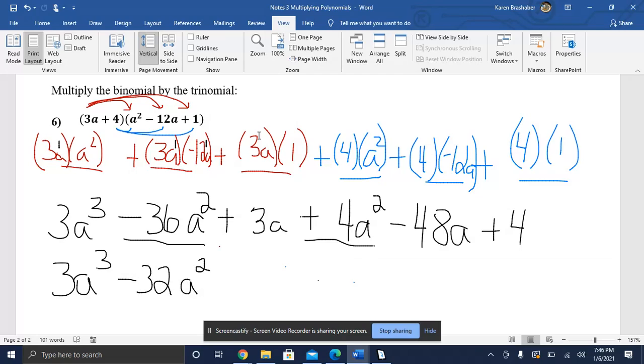Remember, you keep the variable and its exponent when you're combining. And I also have a positive 3a and a negative 48a. Those are like terms. So 3 and negative 48 would make negative 45, and I'll keep the a. And then finally, my last term, 4.